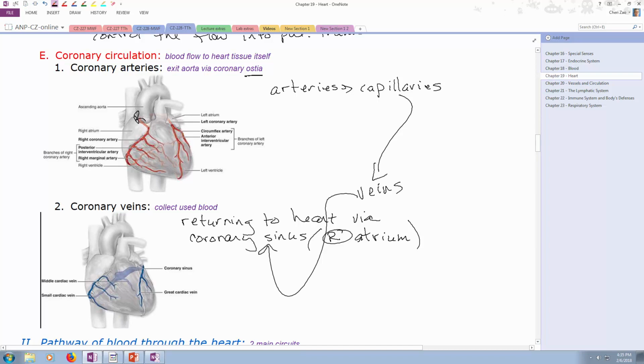It's coming out of the aorta, but snakes around the pulmonary trunk, and then is found easily in the atrioventricular groove, or sulcus, and you follow it all the way around to the back side of the heart, and it will give rise to the posterior interventricular coronary artery, correct?